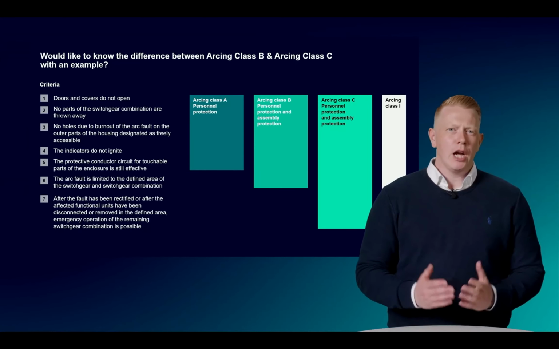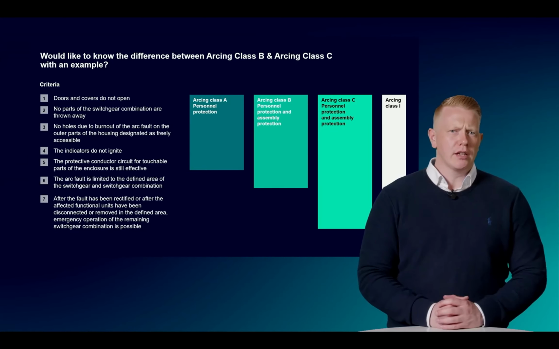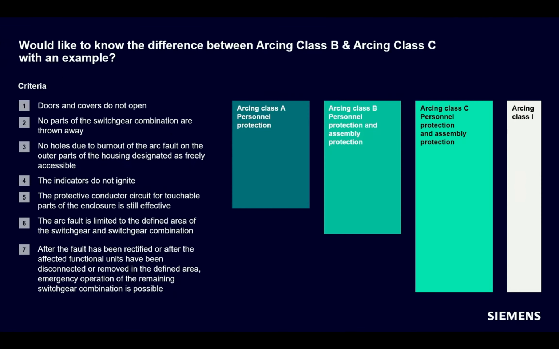Next question. I would like to know the difference between Arcing Class B and Arcing Class C with an example. The difference between Class B and C is that Class C provides so-called emergency operations after removing the affected part of the assembly.